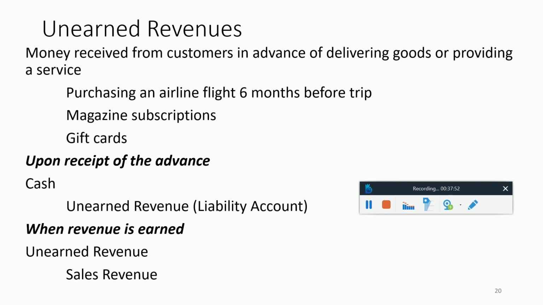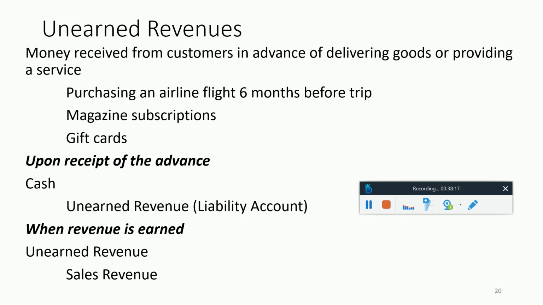So when a company sells a gift card or a magazine subscription or sells you an airline ticket, they are going to record cash, and then they are going to credit an unearned revenue account, which is a type of liability account. And then, once that revenue is earned, and we will go over revenue recognition in week 3, they are going to debit the unearned revenue account, and they are going to credit sales revenue.